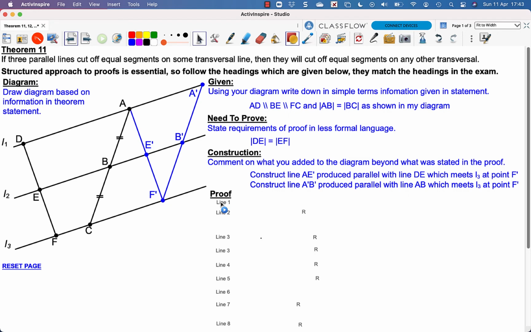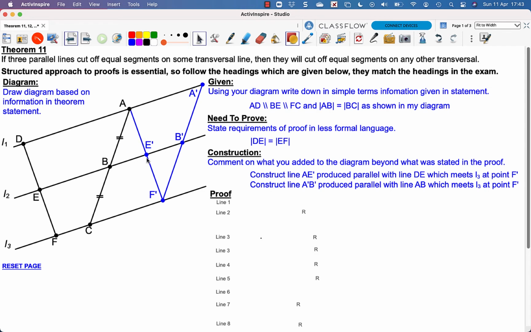So basically, what are we trying to do here? Well, eventually we need to show that this length here is equal to that length there. Let's give a quick overview of what this proof is about before we actually set out and prove it. What do we know from construction? We know that this is a parallelogram. That's fine. And if it's a parallelogram, we know that this length here, AE dashed, will be equal to DE.